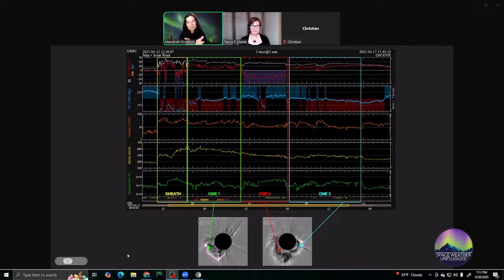What Tanya did here is she actually showed where in the coronagraph the signatures were. We like to call them thing 1, thing 2, and thing 3 because it's kind of funny too. But as you can see, CME2 was the one that brought us most of the negative BZ, which was our daytime, unfortunately.